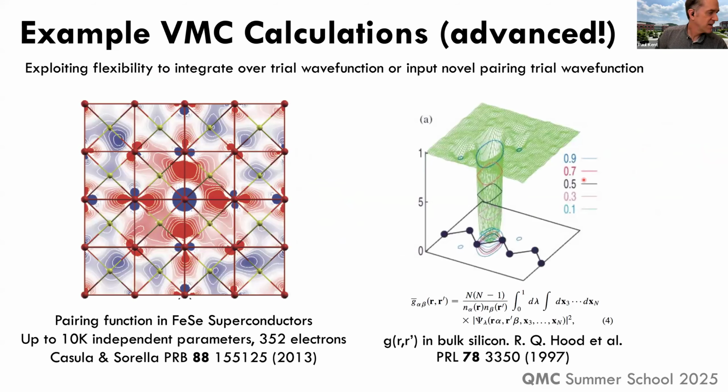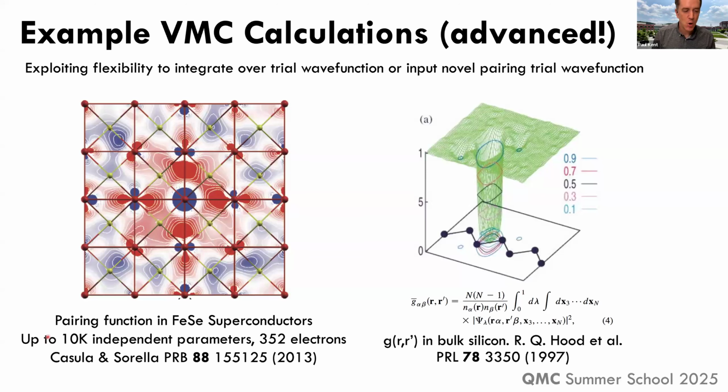Of course, there are much more sophisticated things one can do in Variational Monte Carlo once one has the trial wave function. So I want to point to two results here. The first is a study which I think is very much undercited, looking at pairing of carriers in the superconductor iron selenide.